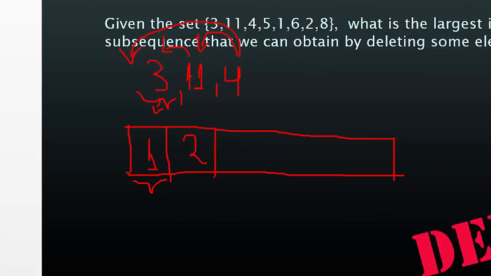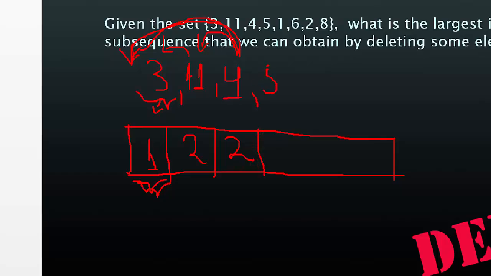We compare it with the 11 and we say, well, yeah, it is smaller, so we cannot make a largest one of 3 elements. We compare it with the 3, which has a maximum increasing subsequence of 1, so we add the 3 and the 4 and we add a 1 to it, becomes 2.